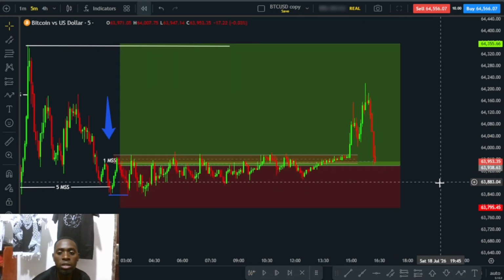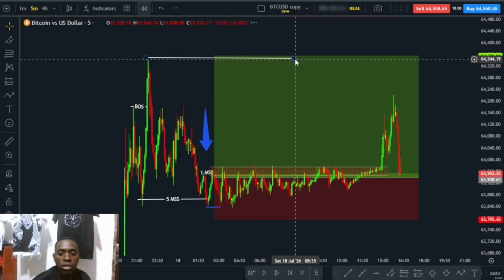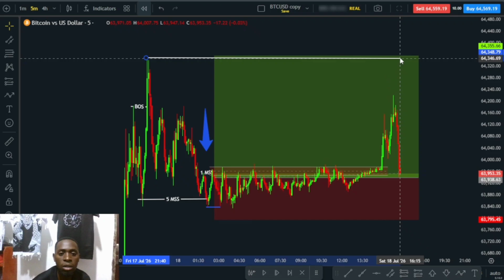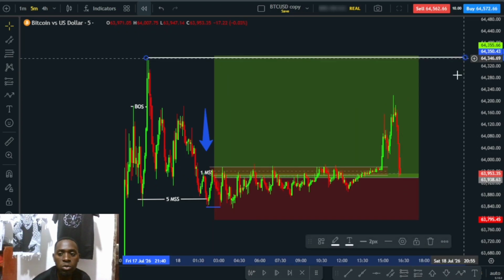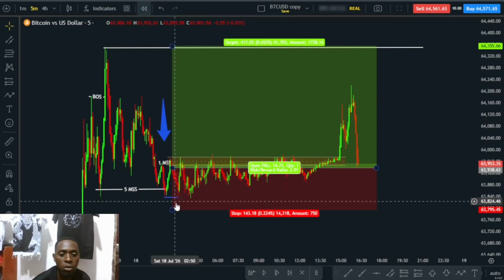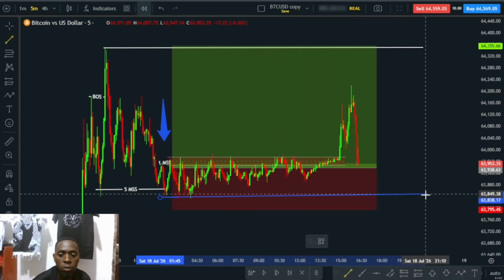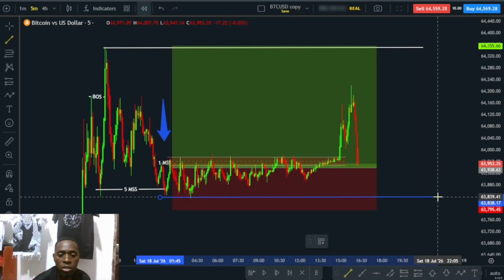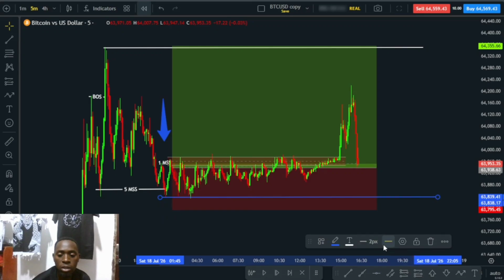Oh man, then after that massive move to the upside, it had that big pullback right there, and that was so scary. As a beginner, I always want to advise you, make sure you always stay calm. After you've entered your trade, leave the trade to do its own thing. Don't sit on the charts.